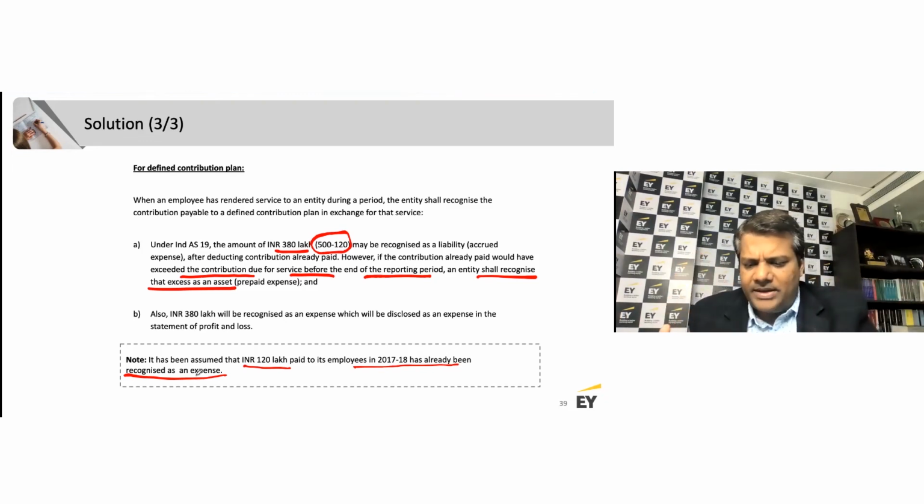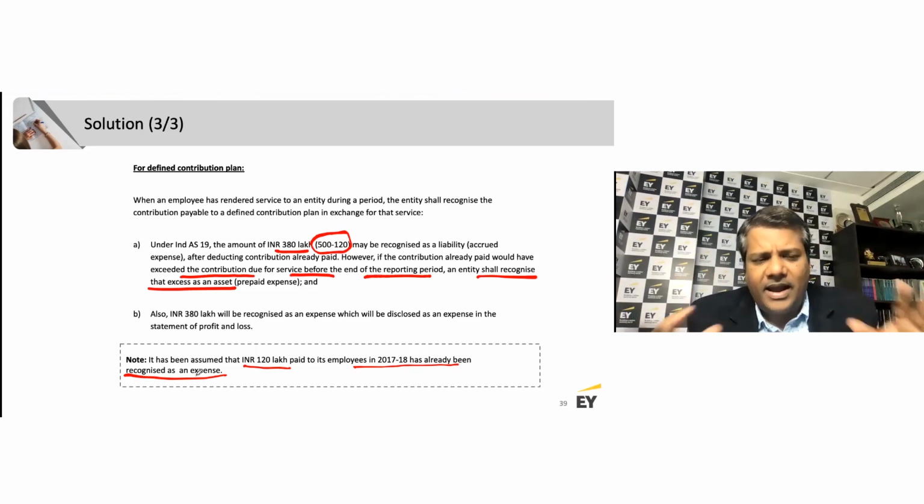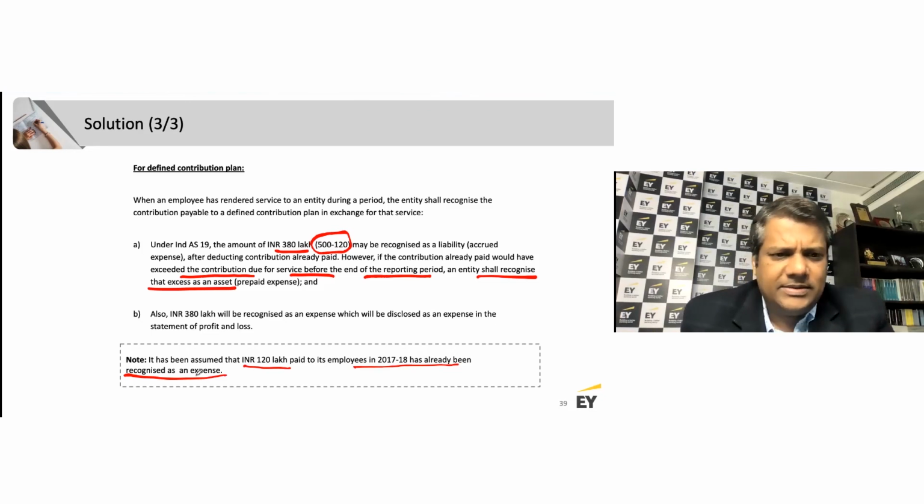Then, for compensated absences, we looked at the likely utilization and provided for it, but since I don't have the cost per day, I left it as narrative. Then step two was to determine the profit sharing, and step three was to determine the defined contribution. All of that gives you perspective on how to approach and provide an answer in a question. All right, practice. That's very, very important.